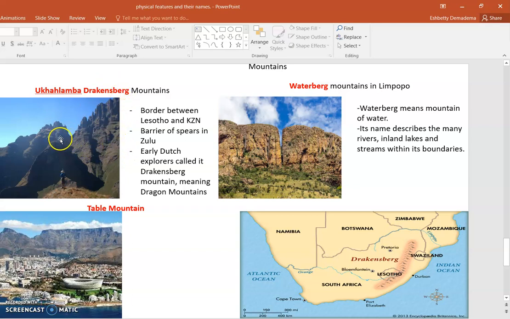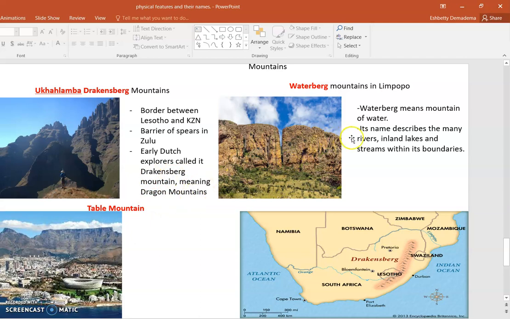The Dutch explorers, remember, were exploring our land some time back, and when they got to this mountain, they admired the mountain, they loved the mountain, and they called it the Dragon's Mountain or Drakensberg. So Drakensberg means the Dragon's Mountain.